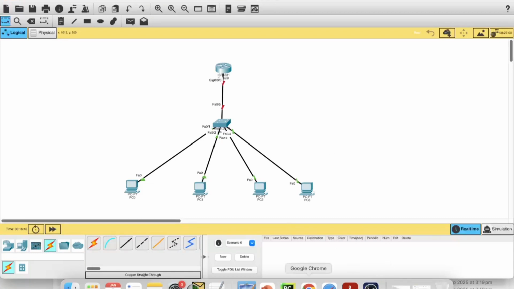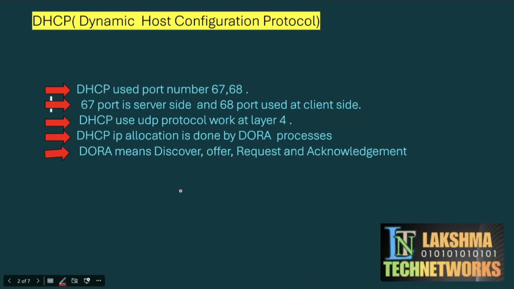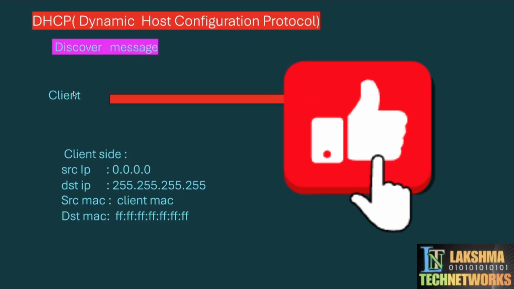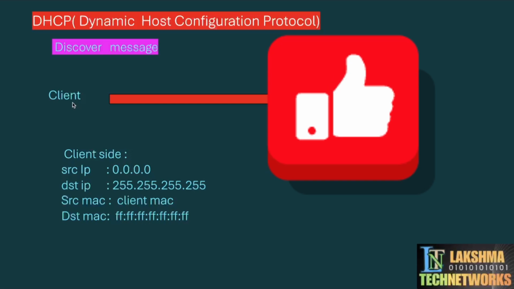So this is a dynamic process, right? First is the DORA process, where D is discover. DORA process, that is, Dynamic Host Configuration. Here on the client side is discover. We have the client and the server. The client is our side.